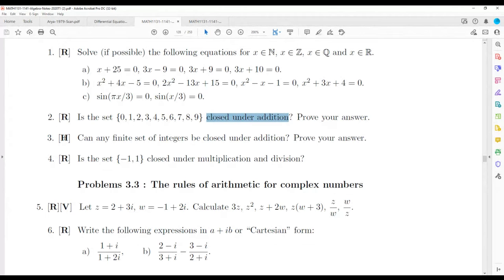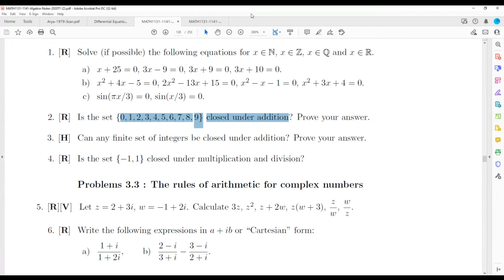Thumbs up, buddy. So, is this set closed under addition? And what do they mean by proving your answer? So the first question is, is the set closed under addition? Yes or no? And then they ask you to prove the answer. So who can tell me?